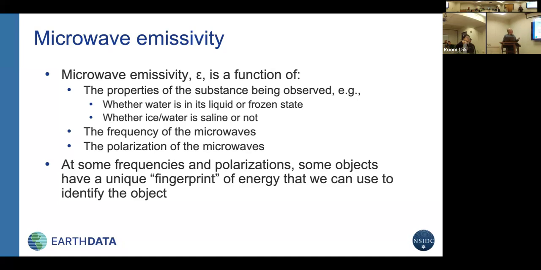And it's dependent on the frequency of the microwaves and the polarization, which I won't get into here, but it's basically a preferred direction of the emitted energy. Different objects have different emissivity, and that varies based on frequency and polarization. So we can use that information to basically detect what we're looking at.